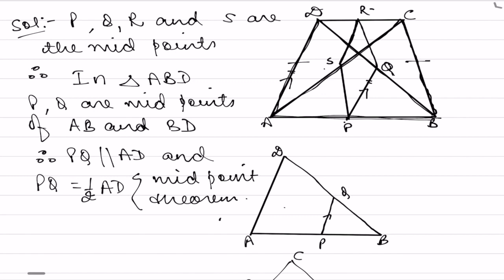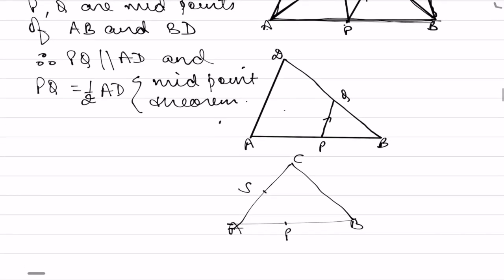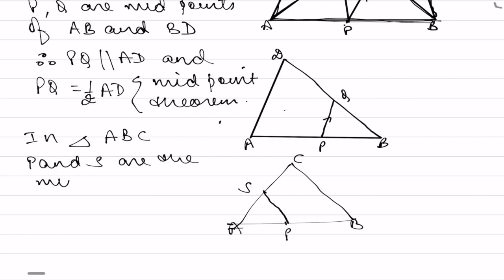I'll join PS. So again in triangle ABC, P and S are the midpoints of sides AB and AC.